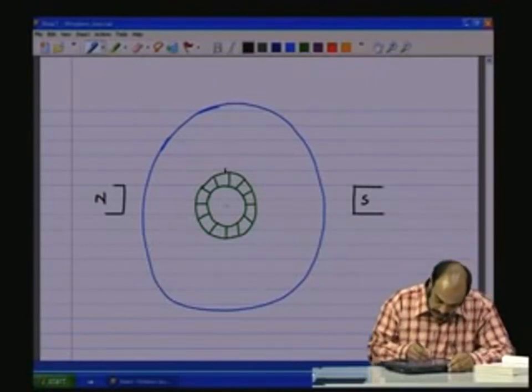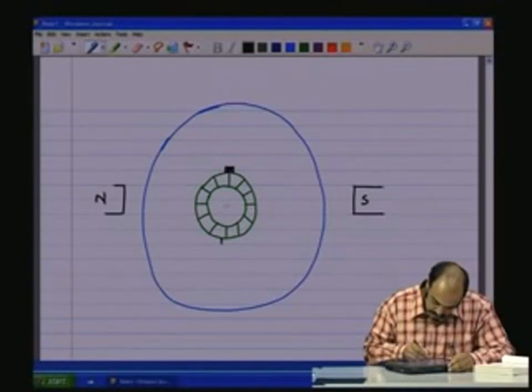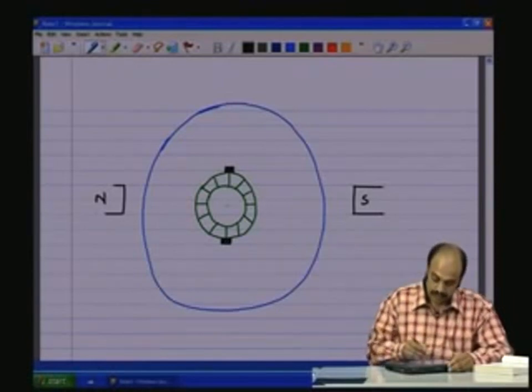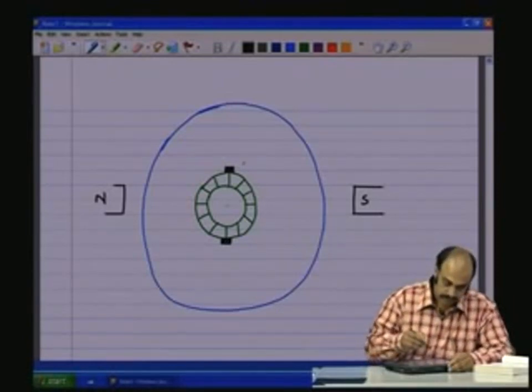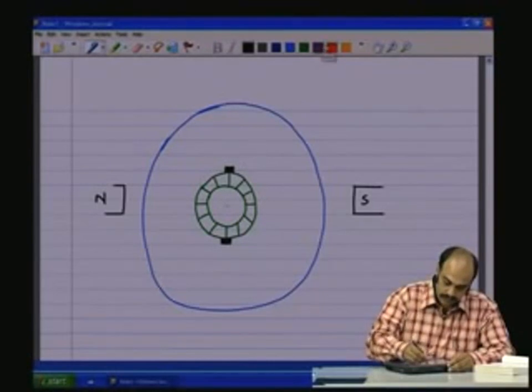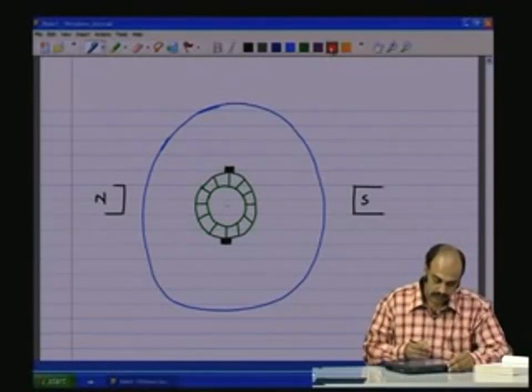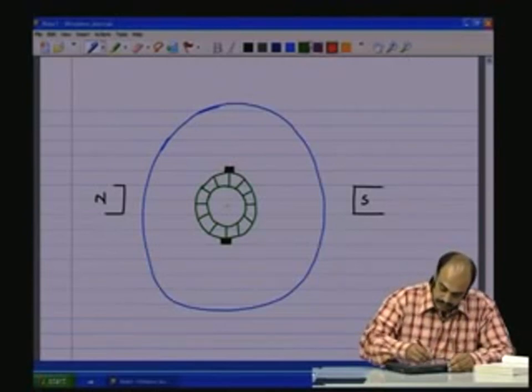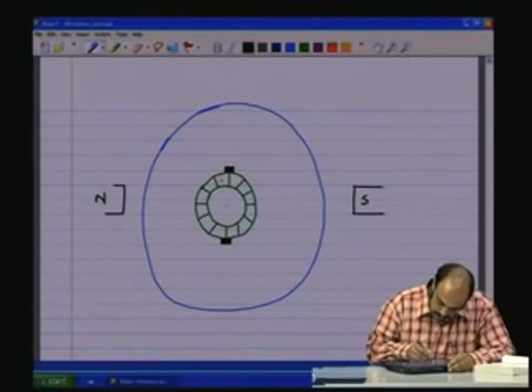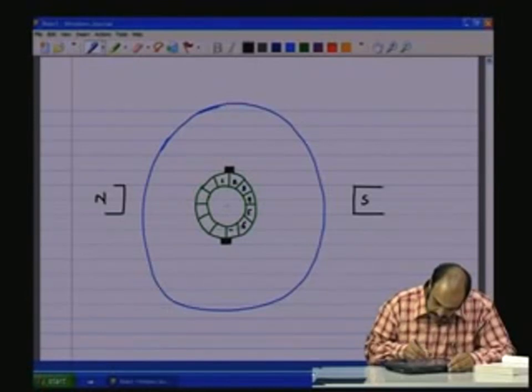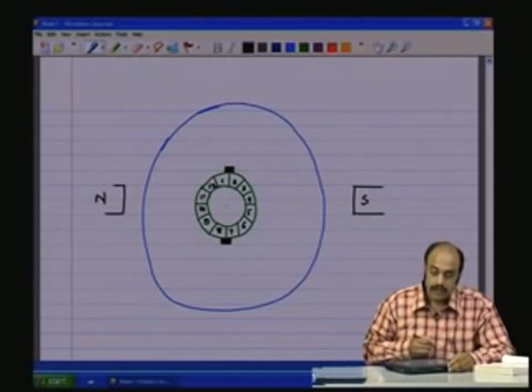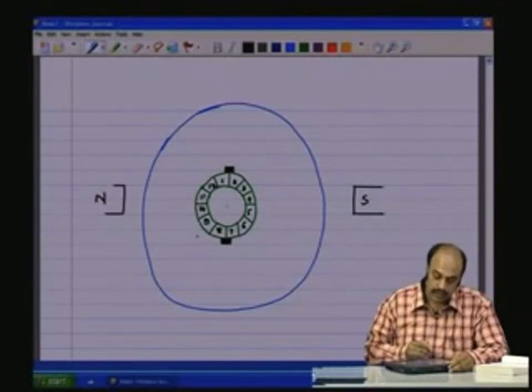The brushes mounted on the neutral zone. We have 1, 2, 3, 4, 5, 6, 7, 8, 9, 10, 11, 12. We have the commutator.